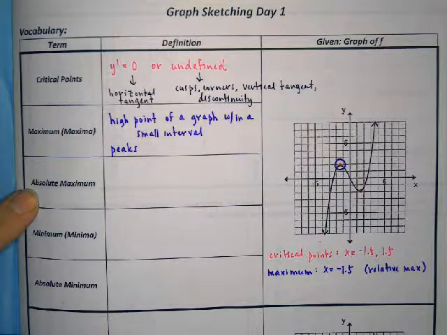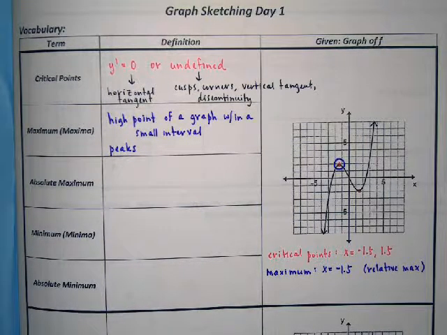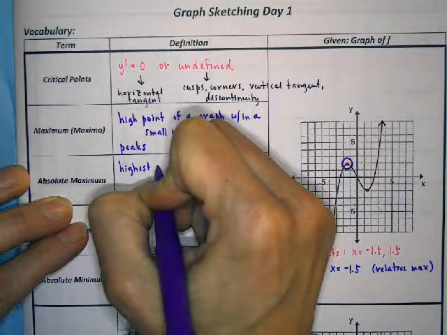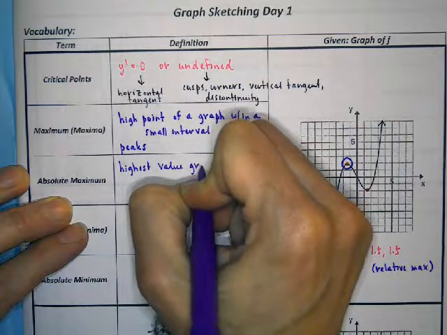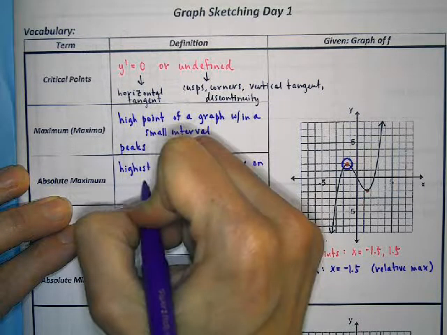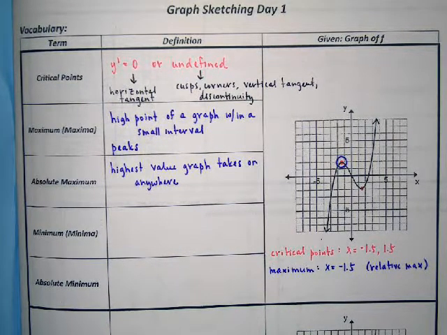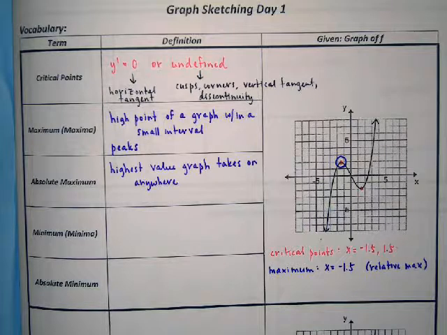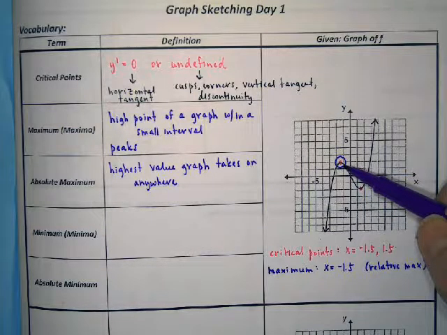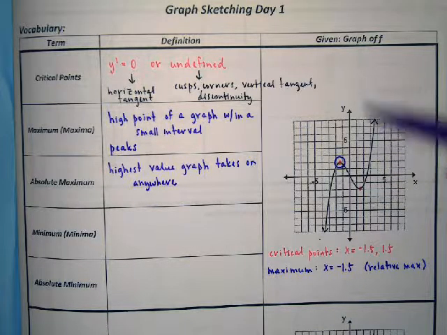Now, when we talk about absolute maximum, we're looking for the highest point that the graph takes on at any point. If I look over the domain of the whole function, where does it take on the absolute highest value? If I look at this graph, this was a maximum, but I can tell just by looking that that's not the absolute maximum because this takes on values that are much higher.